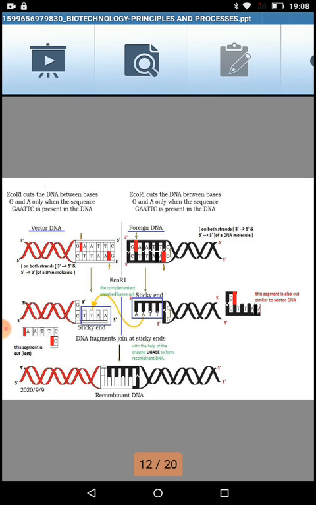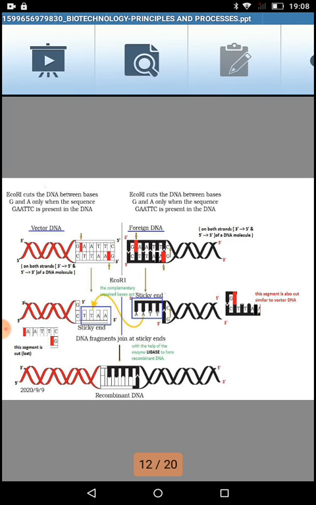So palindromic sequence means a sequence which can be read the same if it is read from left to right or right to left. Something like you can have an example of Malayalam. Now Malayalam is a word which can be read the same way even if you read it from left to right or right to left. So such sequences we call palindromic sequences.